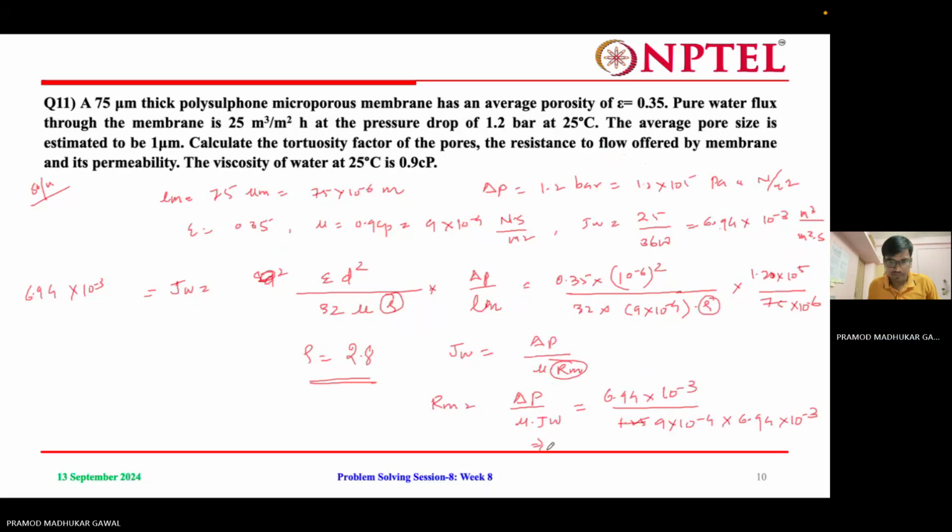So we get 1.92 into 10 to the power 10 meter inverse. So this is the resistance to flow offered by the membrane.